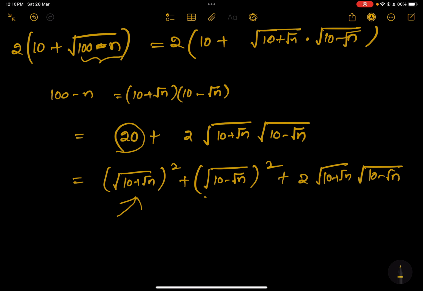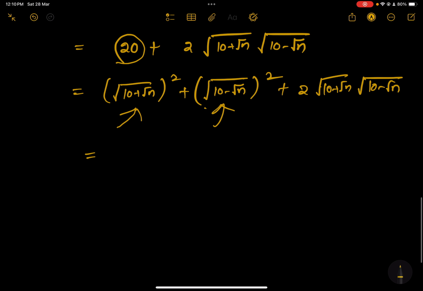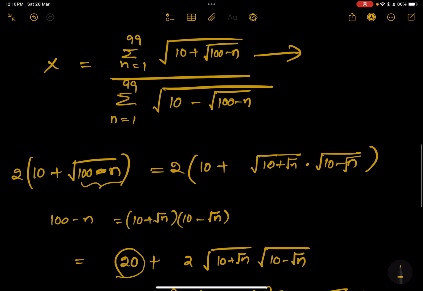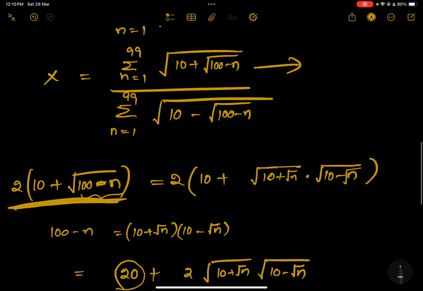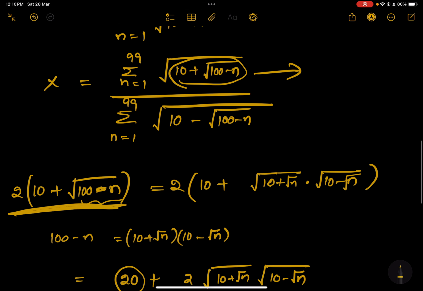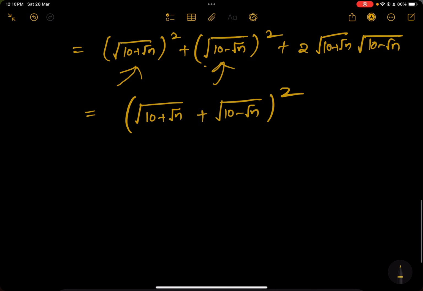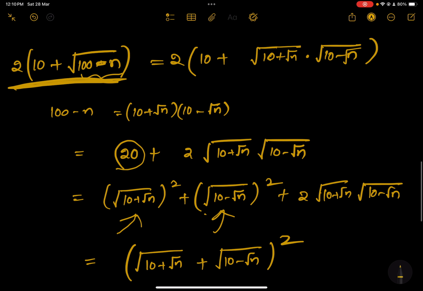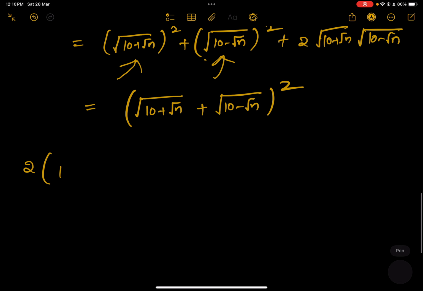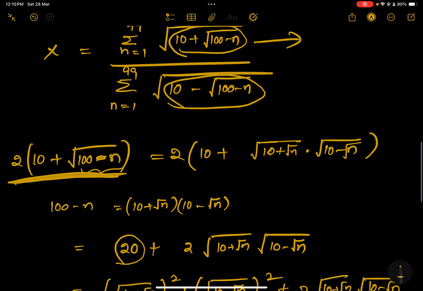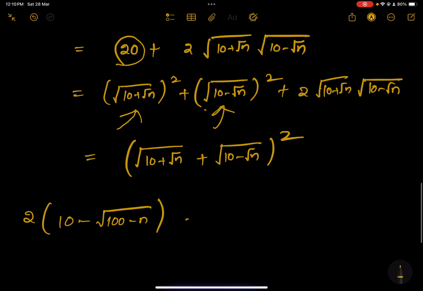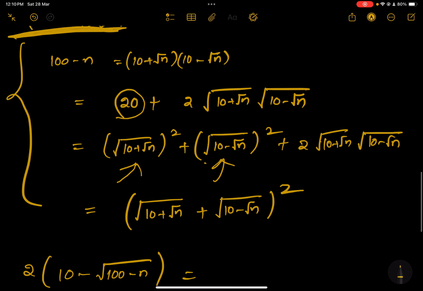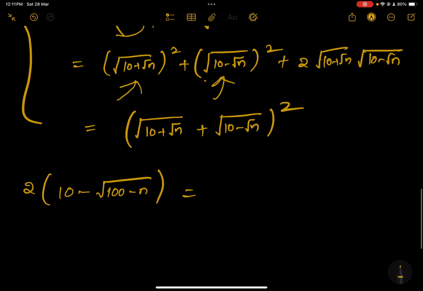If you consider this as a and this as b, it looks something like a square plus b square plus 2ab. So it is simply a plus b whole square. Now what is this? This is 2 times of this particular quantity. Similarly, 2 times of 10 minus root of 100 minus n can be written by following a similar process, and you will get something like a minus b whole square.